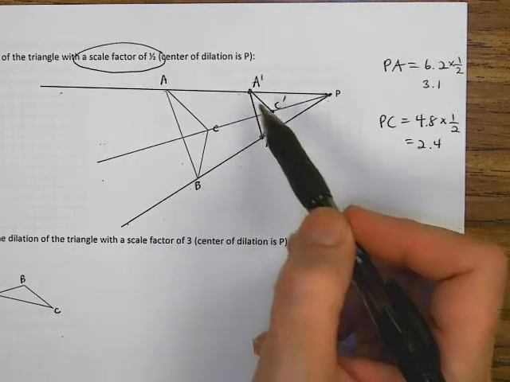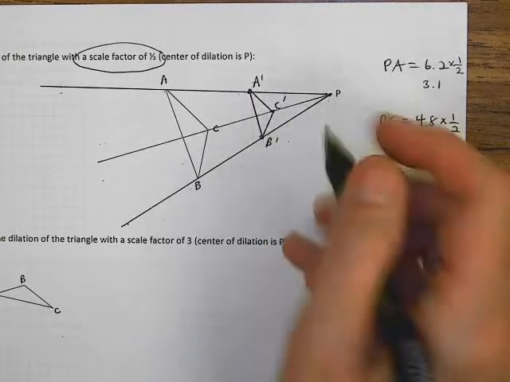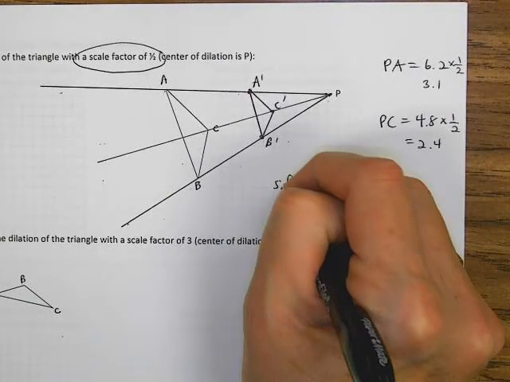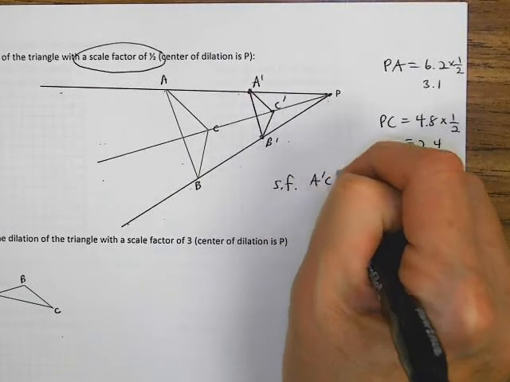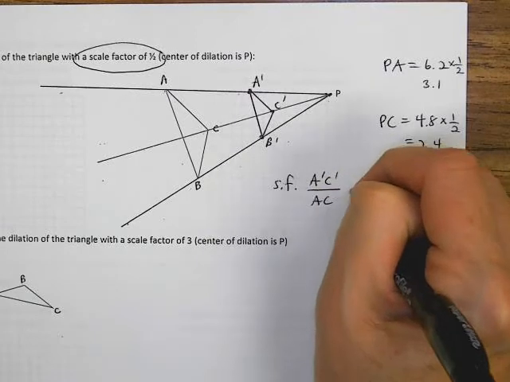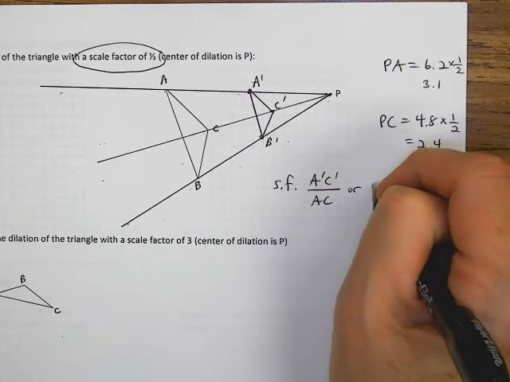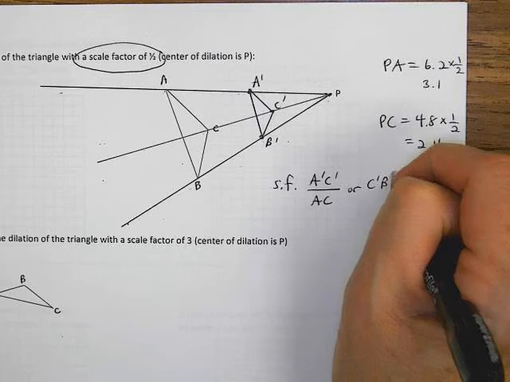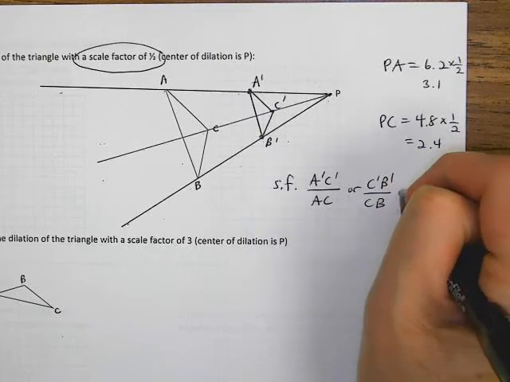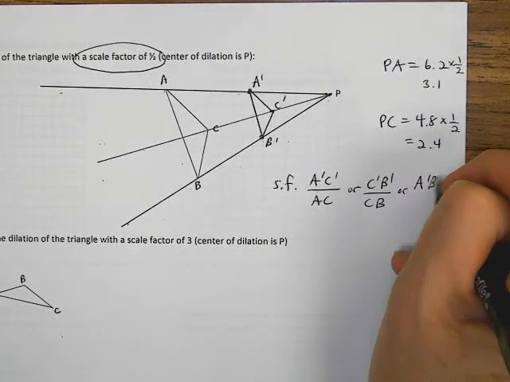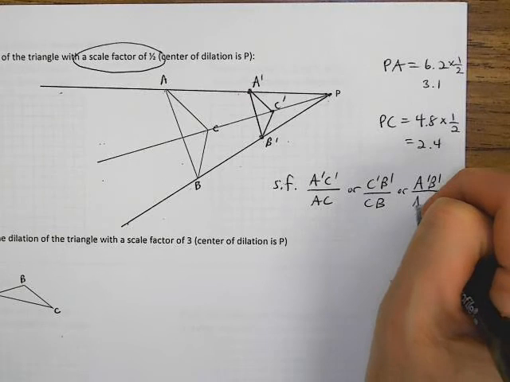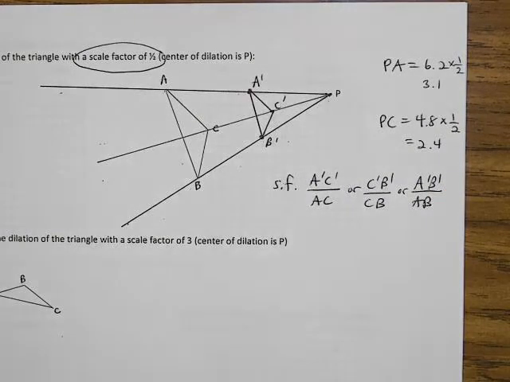I could also think of my scale factor as A prime C prime over AC, or C prime B prime over CB, or A prime B prime over AB. All of those represent the scale factor, which we know comes out to be a half. And if you check your measurements, you should get that.